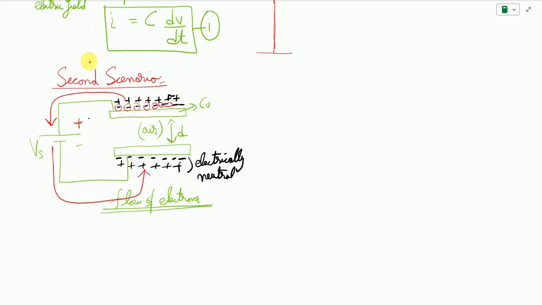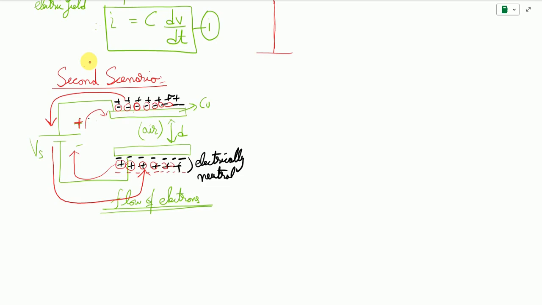Similarly, more negative charges will build up over here, and the positive elements available at the lower side of the conductor will be attracted towards the positive side. But again, we are discussing the flow of electrons, not the traditional flow. So we are not interested in the flow of the positive ions, rather we are interested in the flow of electrons. The electrons on the top of the conductor get attracted to the positive side of the battery.